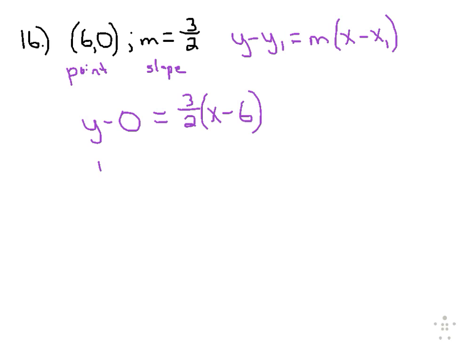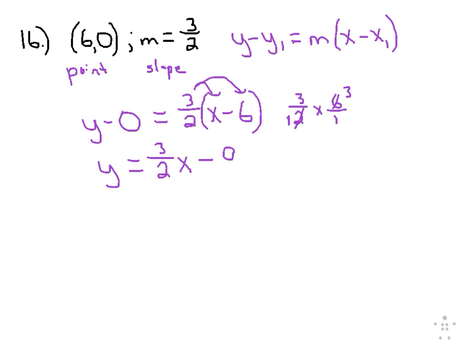Well, y minus 0 is just y is equal to, distribute, 3 over 2x, and positive times the negative is negative, and think of this as 3 over 2 times 6 over 1. You could do some canceling if you wanted to. And so 3/2 times negative 6 is negative 9. And so this is your equation in slope-intercept form, y equals mx plus b. So there's your answer to number 16.